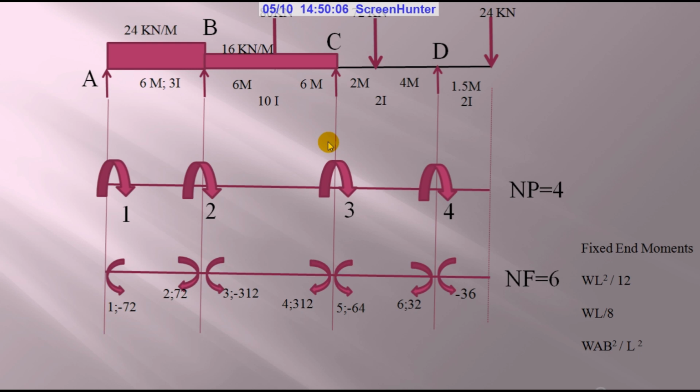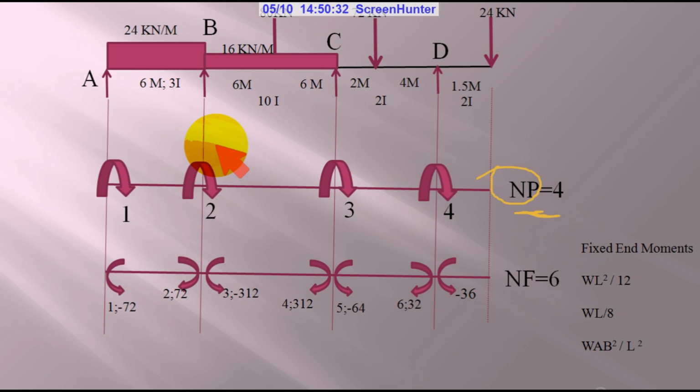So first of all, in stiffness matrix method, you have to see how many possible rotations will be there in this type of beams. So I have abbreviated here as NP. NP means number of rotations.